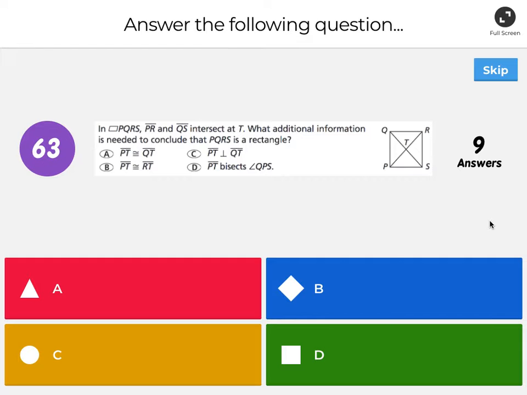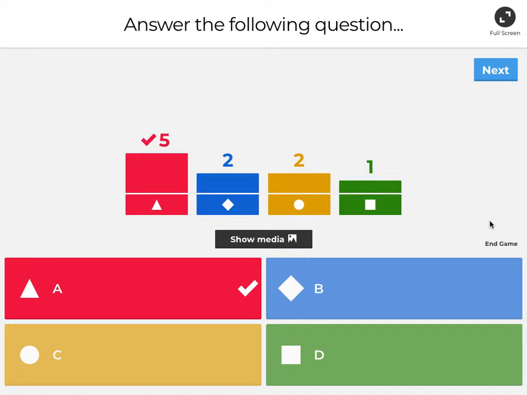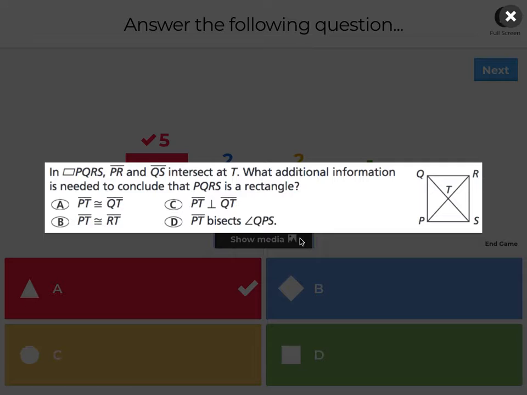Okay, so if we take a look at this, how do we know that the diagonals are congruent? Well, PT is congruent to RT. That doesn't help us. That just means this one is bisected, but that doesn't say that they're congruent. PT is perpendicular to QT. Well, that's not going to tell us it's a rectangle. That could potentially tell us it's a rhombus, right?